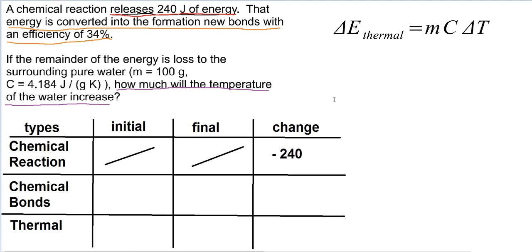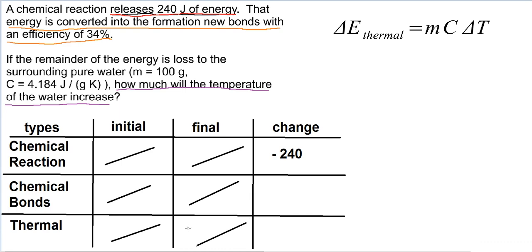Now, the second thing that we're told is our energy is being converted into the formation of new bonds. So just like with the chemical reaction, we aren't told how many bonds we start with or end up with. So all of our math is just going to be dealing with the change. And lastly, if you take a look at our thermal energy equation, it is a delta equation.